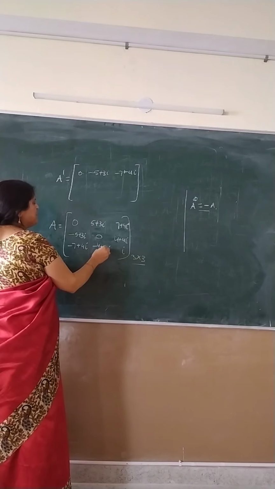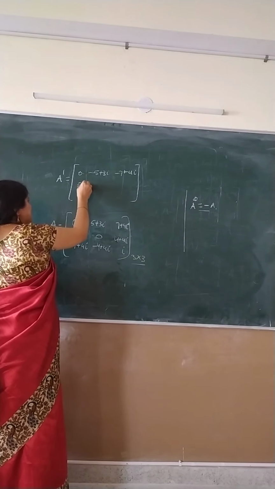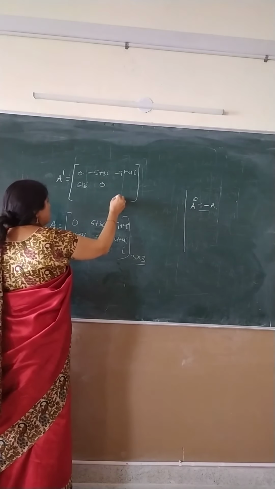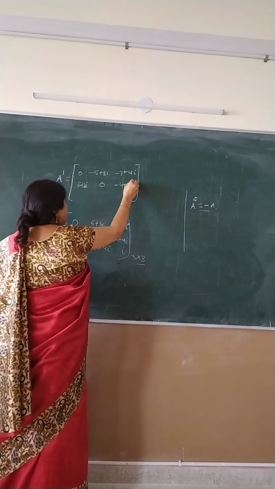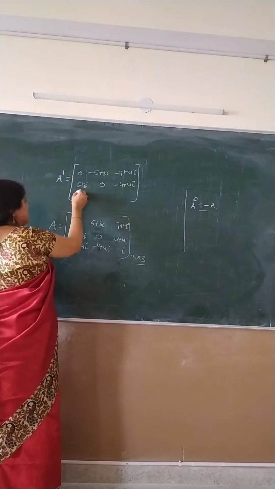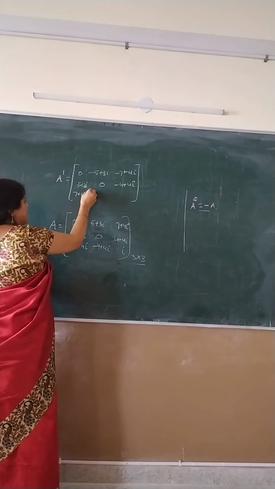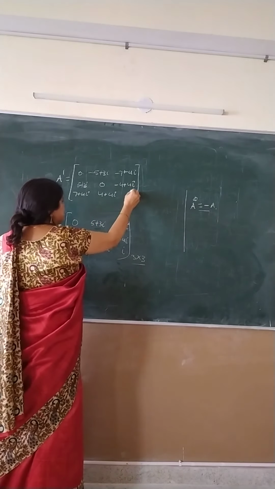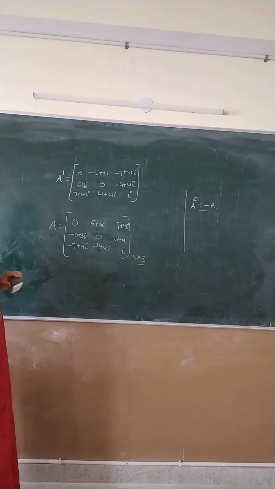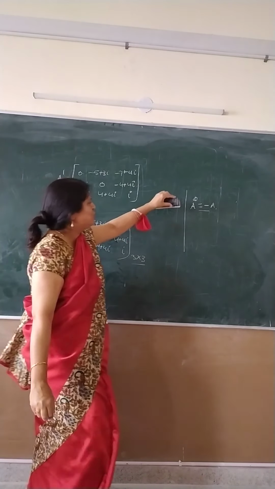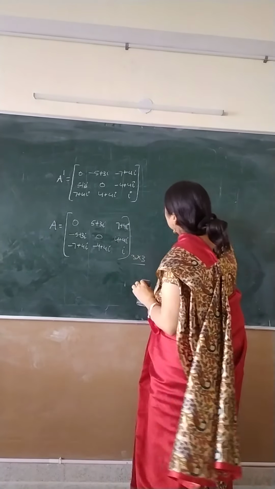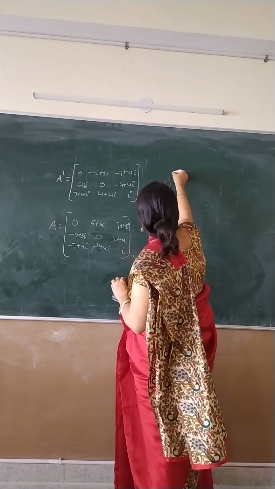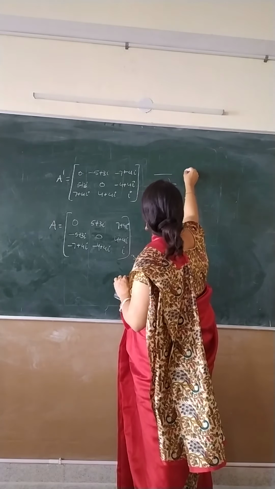Second column will become row. 5 plus 3 iota. This 0, minus 4 plus 4 iota. This 7 plus 4 iota. This is 4 plus 4 iota. And this is iota. This is the transpose. Now after this take conjugate, the conjugate of the transpose of this.